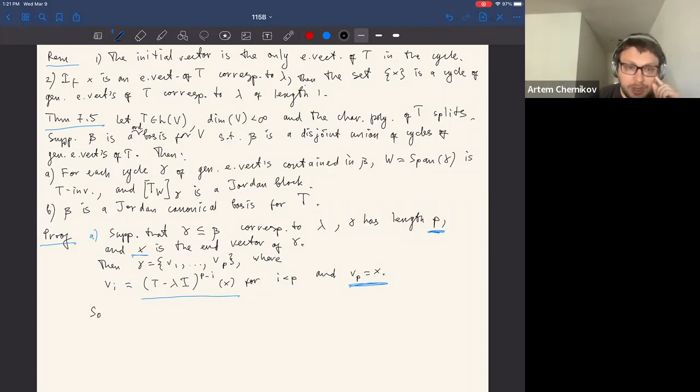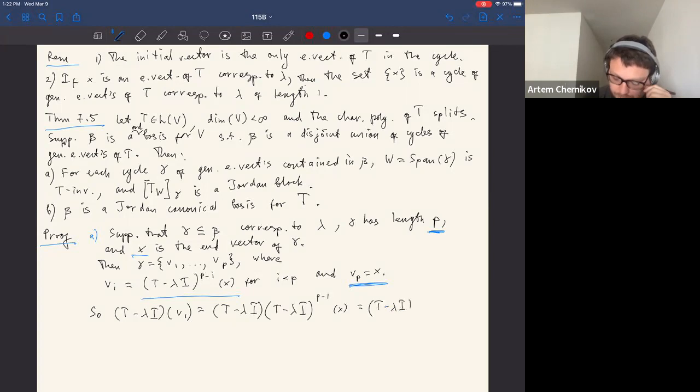Okay, but then if we look at T minus lambda I and apply it to v1, then what we get is T minus lambda I composed with (T minus lambda I) to the power p minus 1 applied to x. So this is simply (T minus lambda I) to the power p applied to x, and this is 0, right?